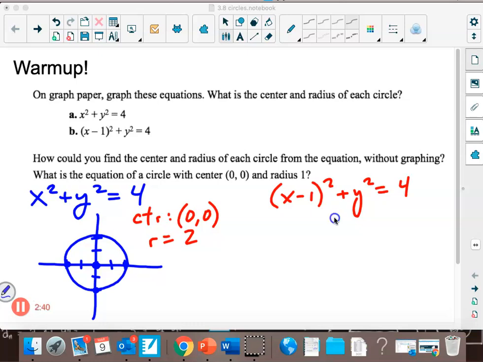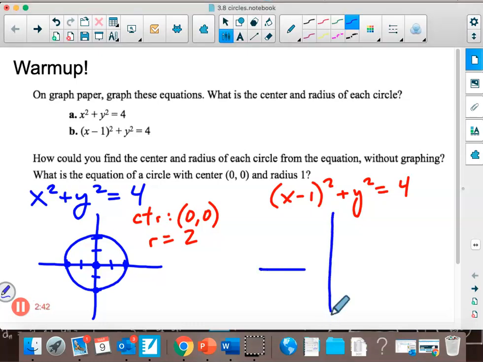So when we graph this circle, now we're shifting our center to the right one place, and then our radius, does our radius change?